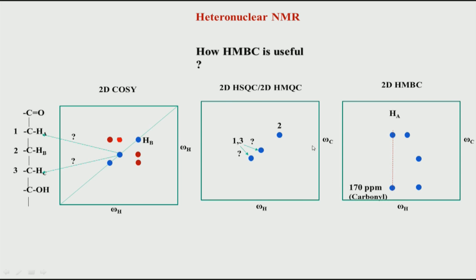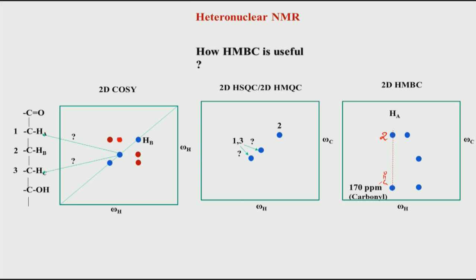Therefore, out of these 2, the one which gives me a correlation to the carbonyl peak will definitely be Ha. Okay. So, that is what is shown here: based on this information, this line gives me a correlation to the carbonyl and 2. So, let me write that down. This is number 2 carbon and this is CO.